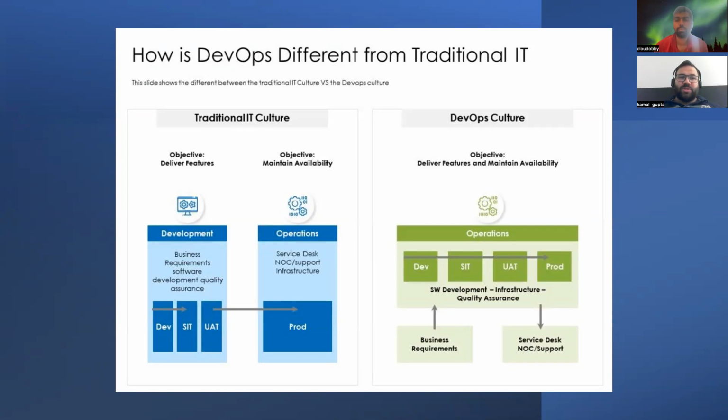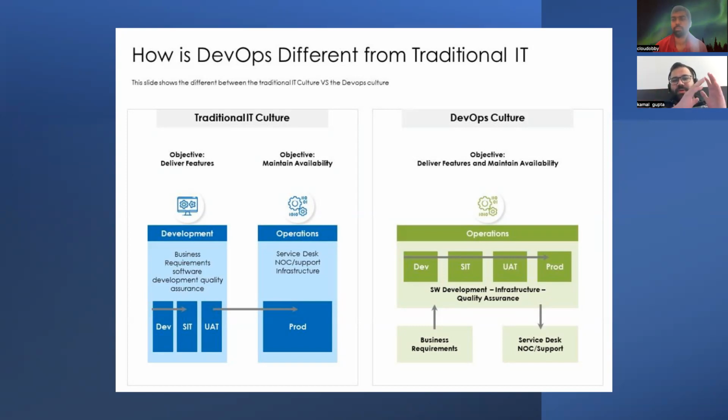Our next question is how DevOps is different from the traditional IT approach, because earlier also we were delivering the product to the end user, but how is it different from the previous one? In the picture you can see we had the same software development team, quality assurance team, and operations teams, but they were working in silos.